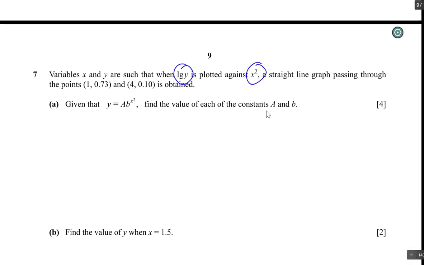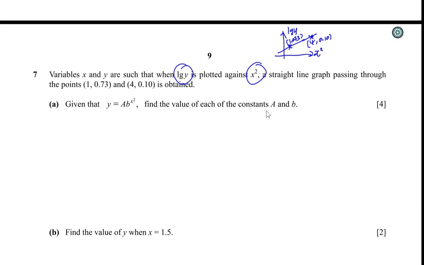That means you have a graph of log y against x squared, with 2 coordinates: 1 and 0.73, and another one 4 and 0.10. These two coordinates are for you to find the gradient, so later you will do y2 minus y1 over x2 minus x1.